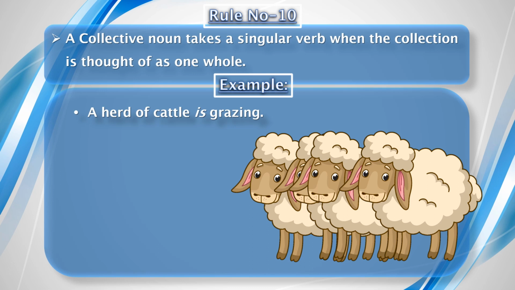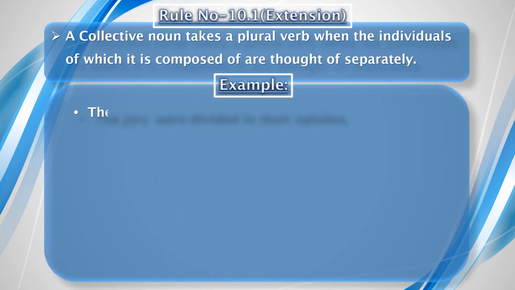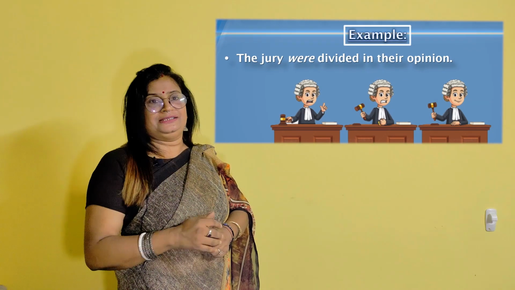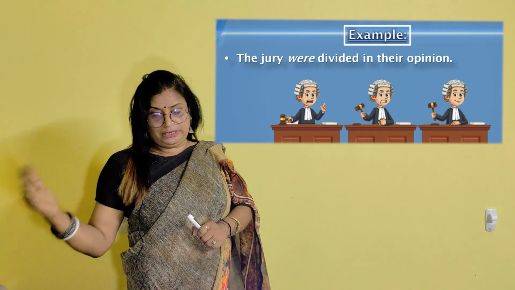But if we say the jury was divided in their opinion, it will be wrong. Though jury is a collection, now when they are divided, I am talking of each member separately. So what shall I write? I shall write the jury were divided in their opinion, because I am talking of each of the members of the jury separately.